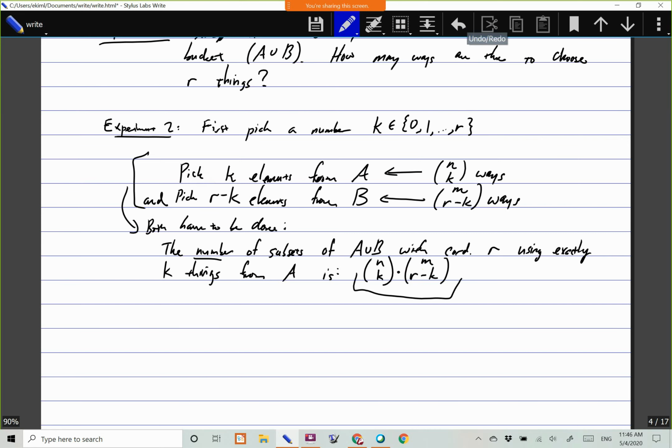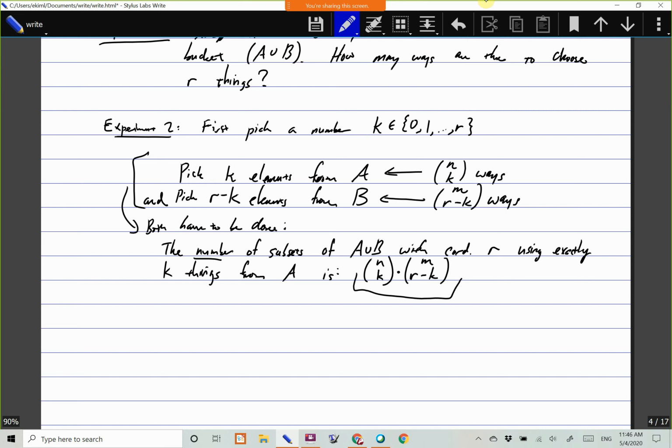Choosing k to be 2 versus 3 enumerates different situations, because the k equals 2 situation is when you picked 2 things from A, while the k equals 3 situation is when you end up picking 3 things from A and the rest are picked from B. So these are disjoint situations, and the sum rule applies, right?